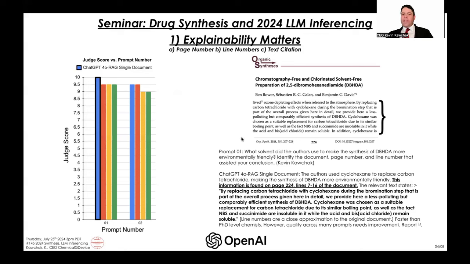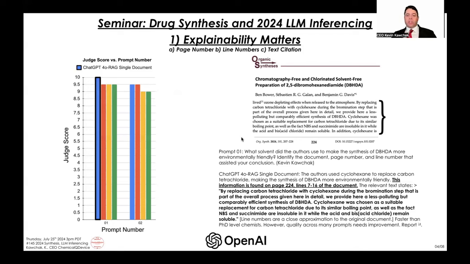So if this happens, the same type of answer, for tens or hundreds of documents, depending mostly on the context window and the size of each document as far as the number of words or tokens, then this is a very viable solution for accessing a much broader range of the chemical space than what's ever been done before.